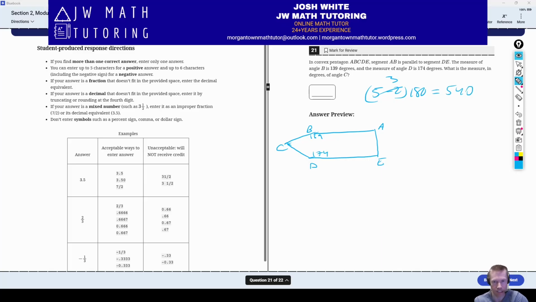Because AB and DE are parallel, angles A and E right here will be same side interior angles, which means they are supplementary. They add up to 180 degrees.